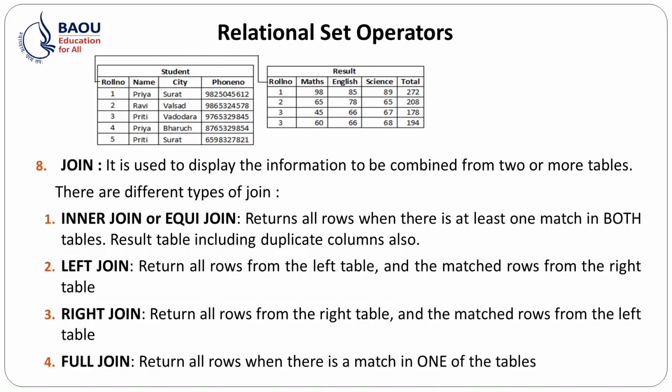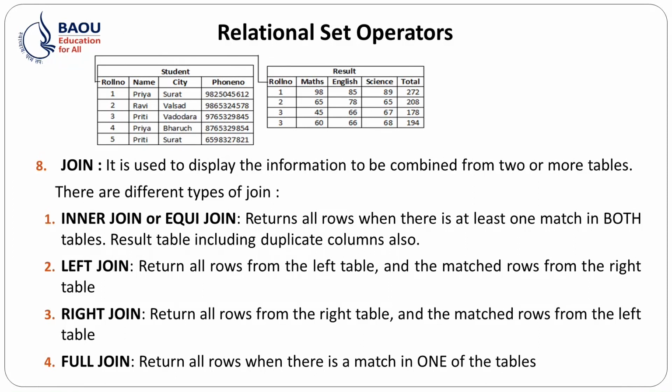It returns all the rows when there is at least one match in both the tables. Inner join means at least one match. So in both the student table and the result table, records 1, 2 and 3 are displayed in an inner join, because these three records are matched in both tables.